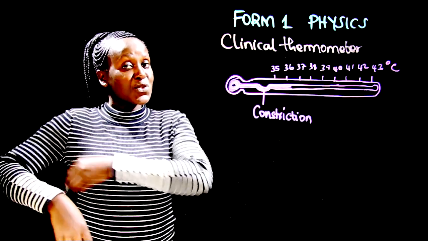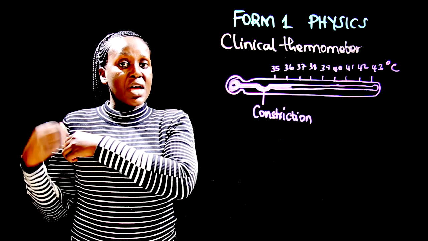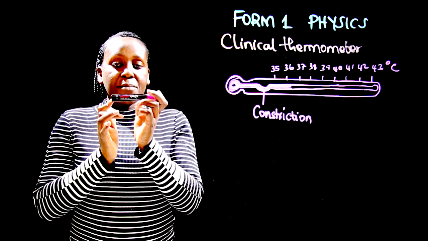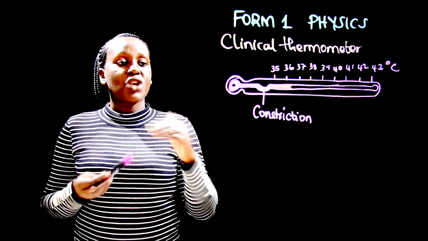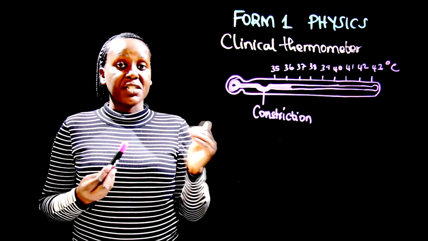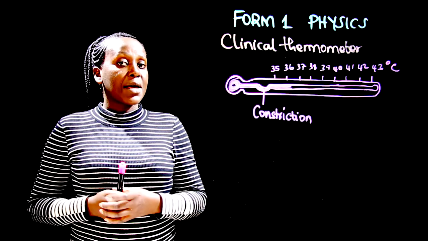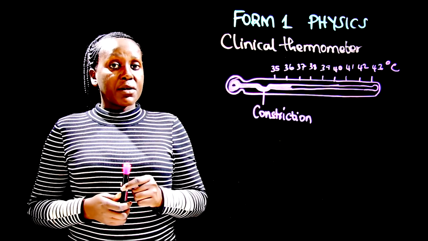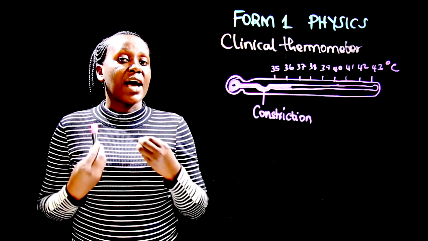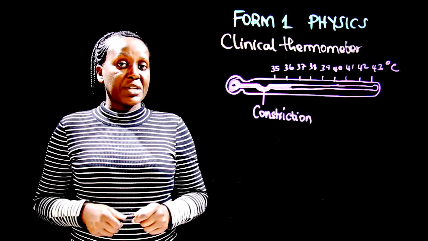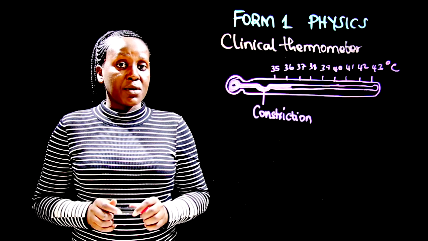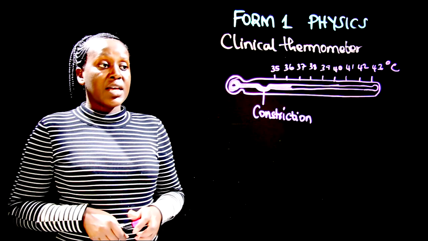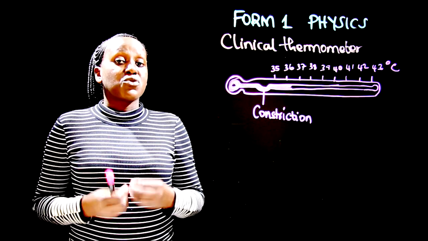Okay, so when the thermometer is taken from under your armpits, when the doctor wants to read the temperature, the constriction ensures that the mercury above it does not flow back into the bulb, because if it flows back into the bulb, then the doctor will not be able to take accurate readings of your temperature, and that can be detrimental, because your temperature is very important when you're feeling unwell. It helps the doctor to be able to diagnose you.